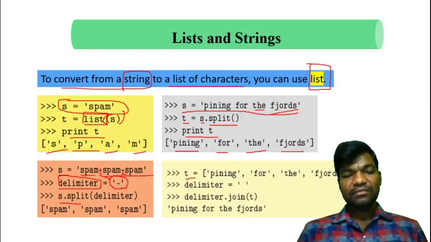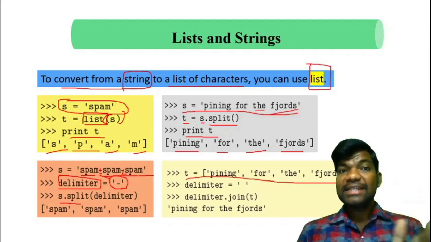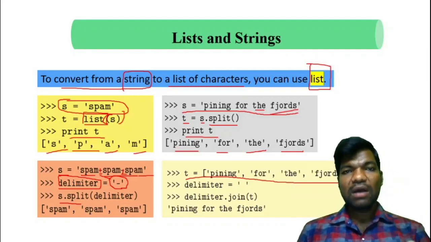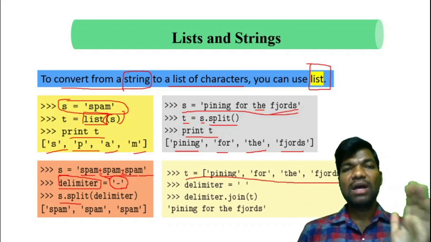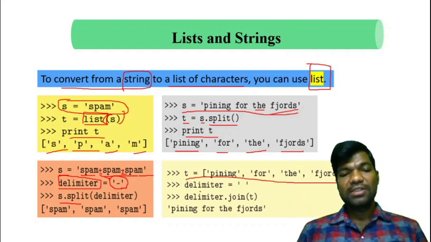Now check another example. Here t equal to pining for the fjords. So t is a list. Now the list is converted into a string. Up to now a string was converted to a list, but now a list is converted to a string.